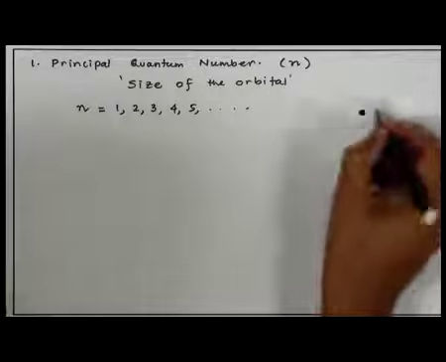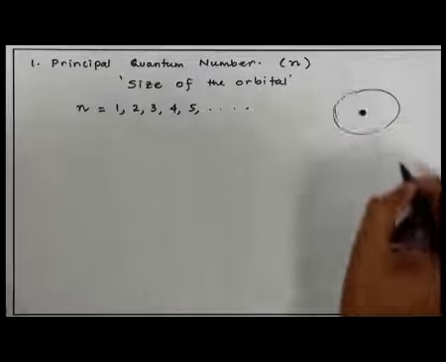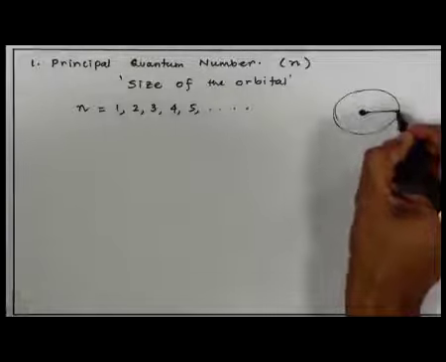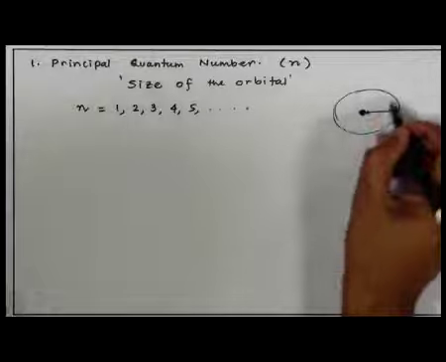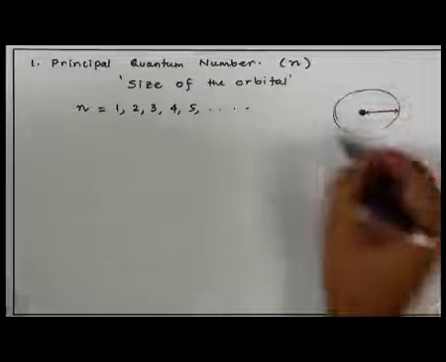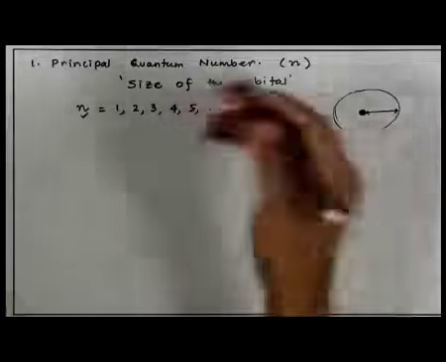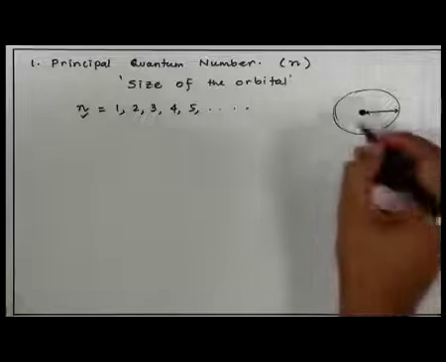If this is the nucleus and the electron is going around the nucleus, if n is large, that means the distance between the electron and the nucleus is very large. The house of this electron is also large and it is found far away from the nucleus.